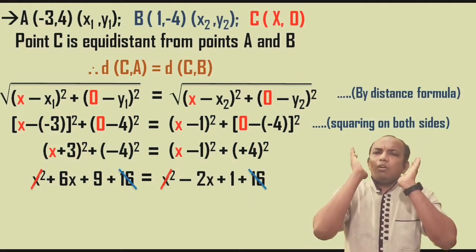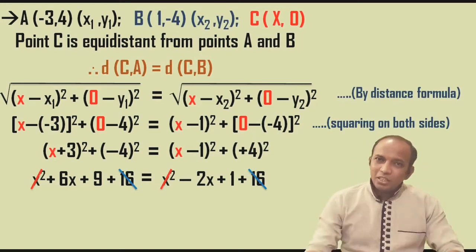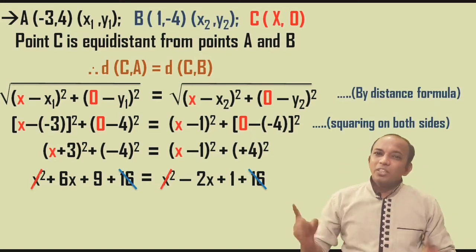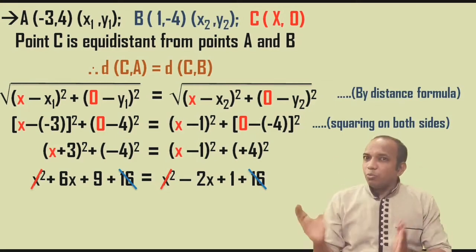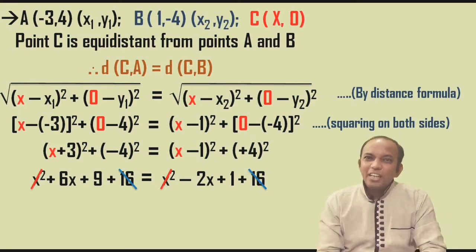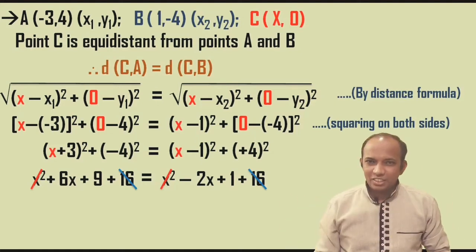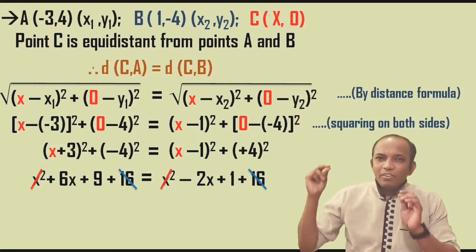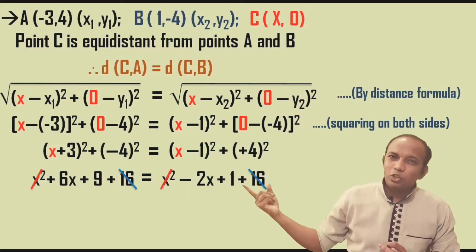Now these are nothing but linear terms, right? Always keep it in mind, to solve linear equations we have to shift or move the numbers with letters to one side, and numbers without letters to the other side. So negative 2x will be shifted or moved to the other side towards the 6x.